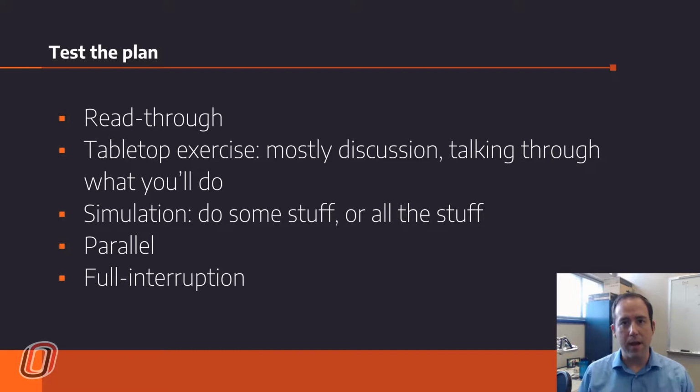And then finally, the full interruption. This is the hardcorest of all hardcore tests. This is where you actually pull your live operations over to your backup site. And it's the most complete test, and it's the most expensive test, and it's the most risky test. But it's the only way that you're really going to be absolutely sure that everything is working at the backup site the way that it should.